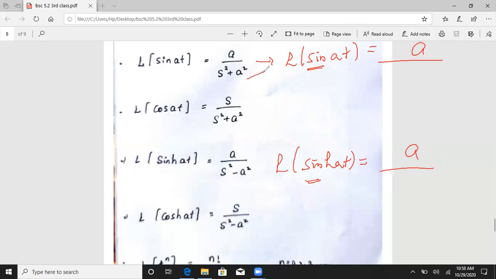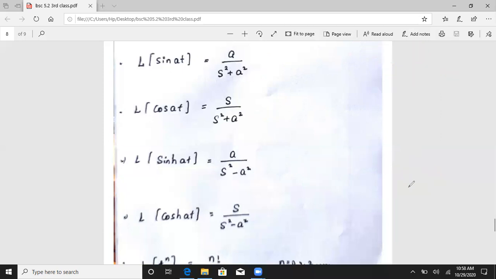The denominators s square, a square are common here. When it is in normal form, we get plus. When it is in hyperbolic form, we get minus. You have to listen carefully once again. When sine comes, the numerator becomes a. When cos comes, in the numerator we write s.